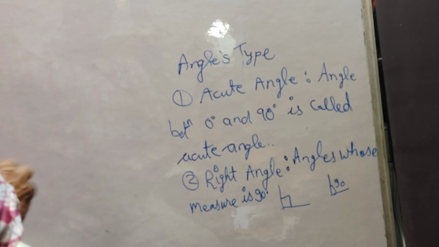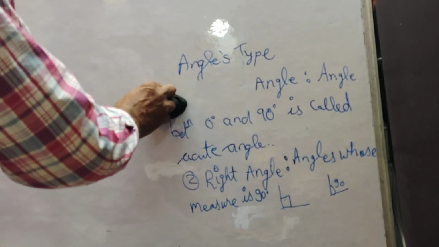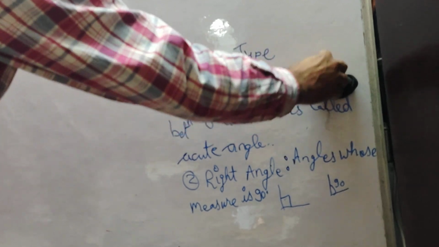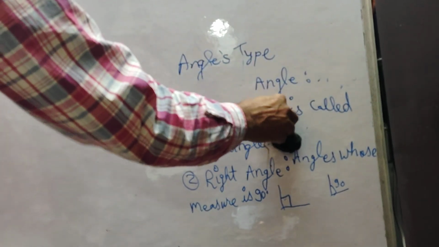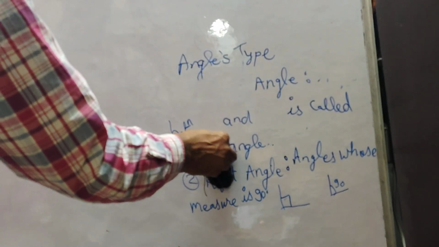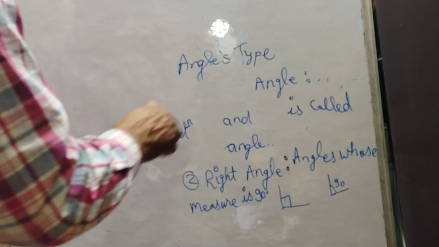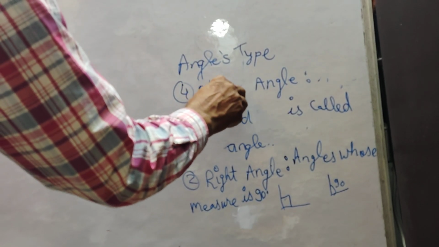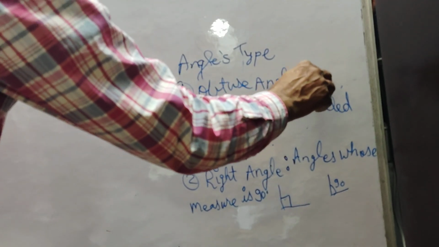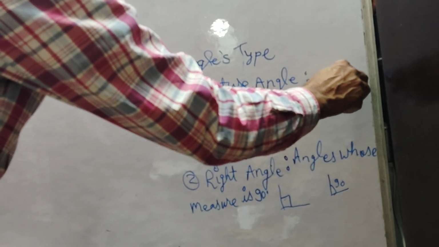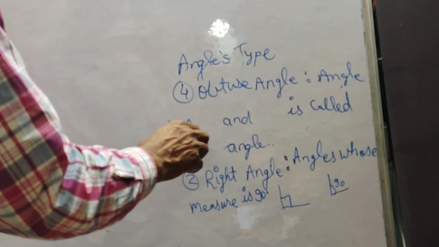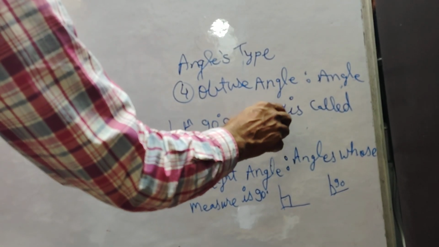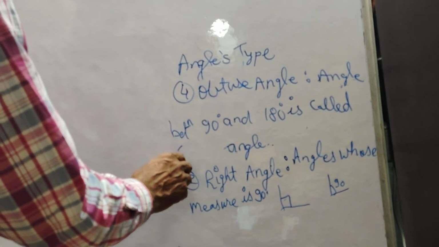Third one is the obtuse angle. An angle whose measure is between 90 degrees and 180 degrees is called an obtuse angle.